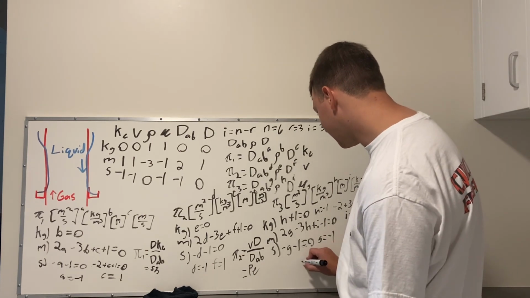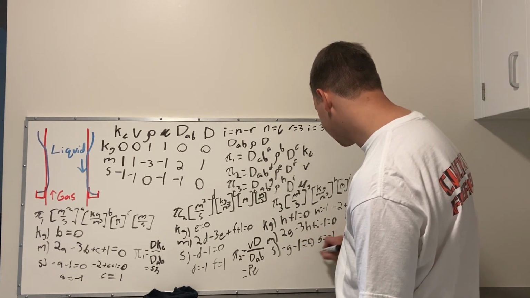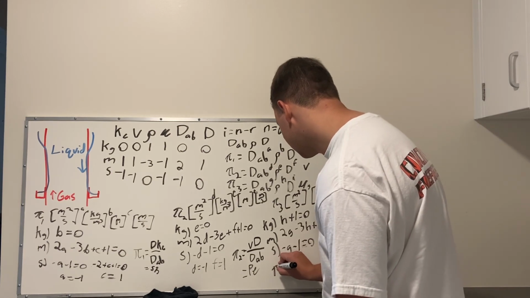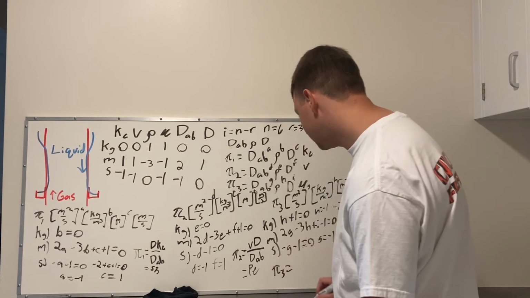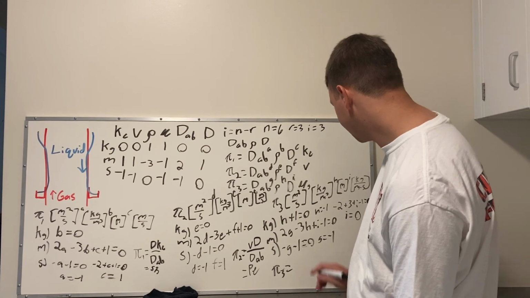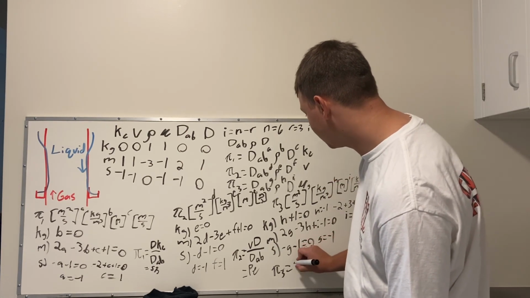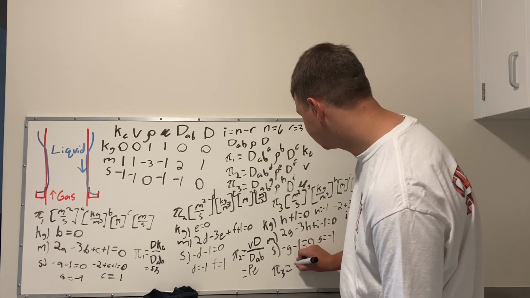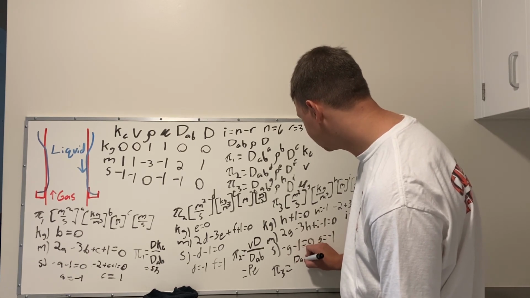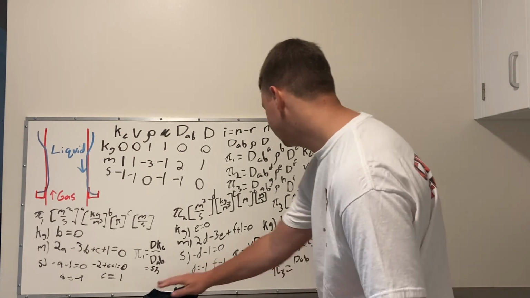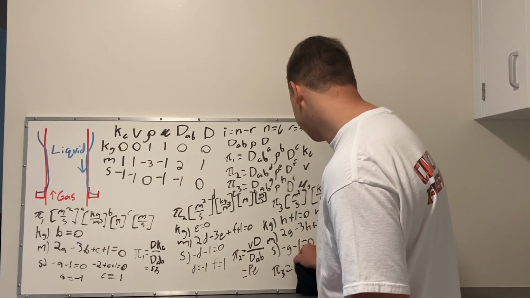So using that, we have our pi3 group equaling G, our mass diffusivity constant, equaling -1, and that's going to be on the bottom.